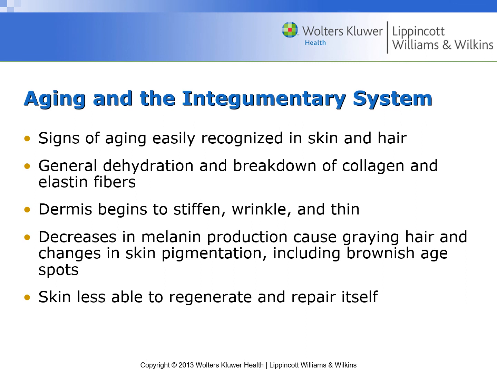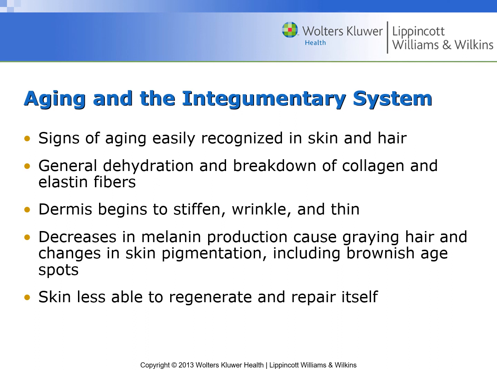Now let's talk about the effects of aging on the integumentary system. The signs of aging are easily recognized in the skin and hair. There is general dehydration and a breakdown of collagen and elastin fibers. This causes the dermis to begin to stiffen, wrinkle, and thin.